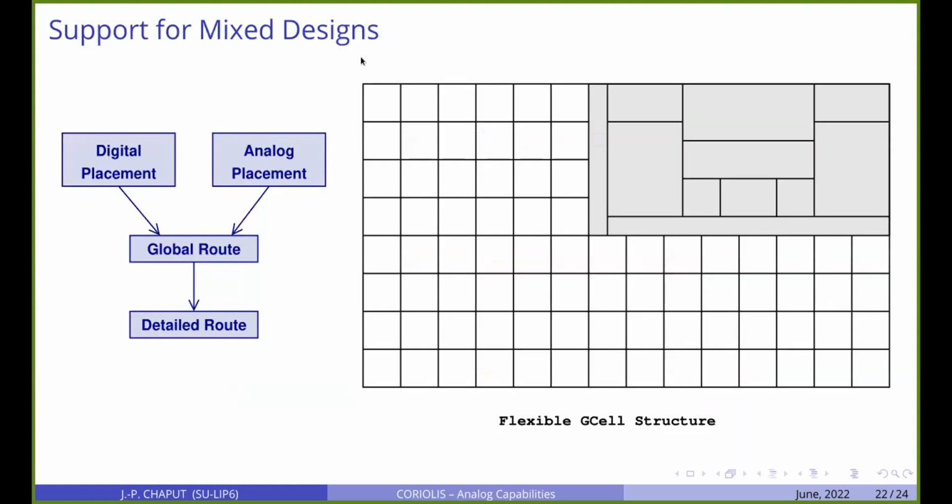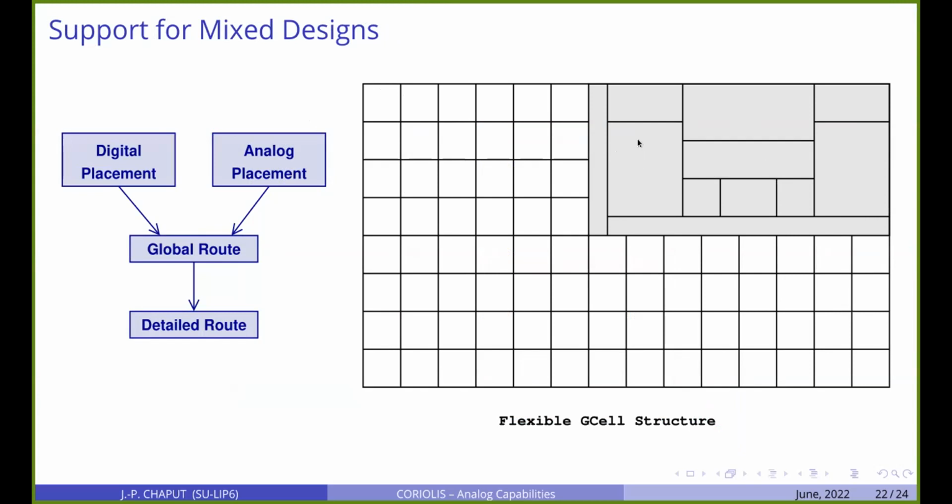So now, maybe the most interesting point of Coriolis is how it manages mixed design. You see here the regular grid for the digital part, and mixed with this regular grid, there is the irregular grid, or just a space partition, of the analog part.